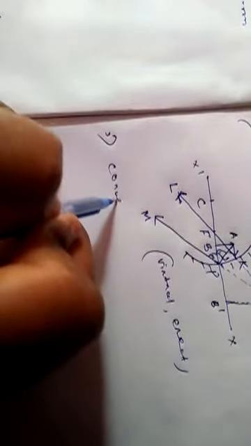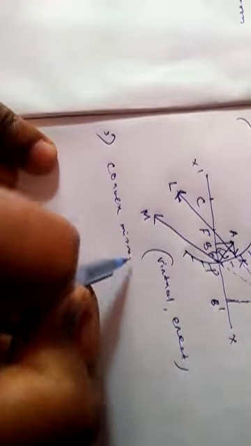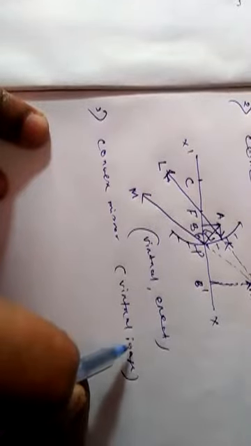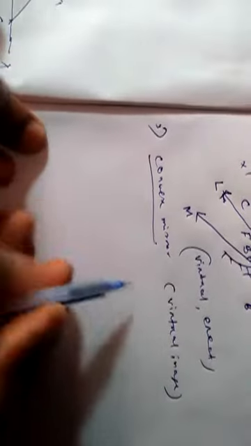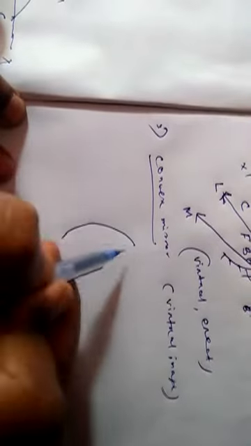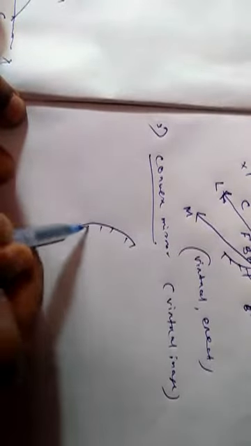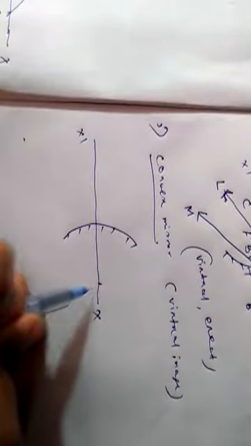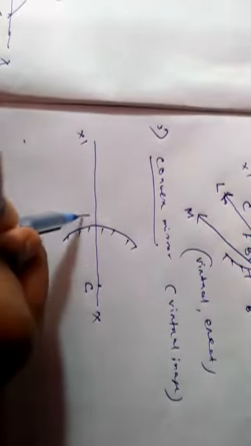Now let us see how convex mirror produces virtual image. Convex mirror. Principal axis, x dash, center of curvature, pole, focus.